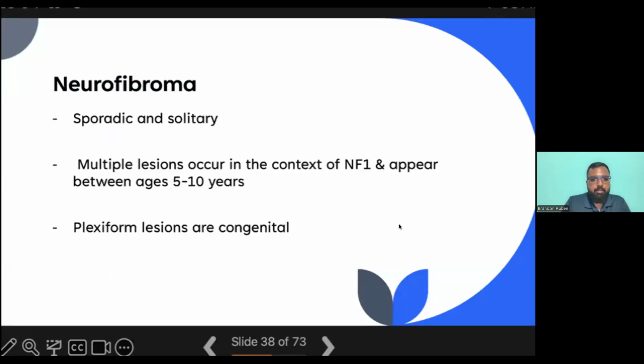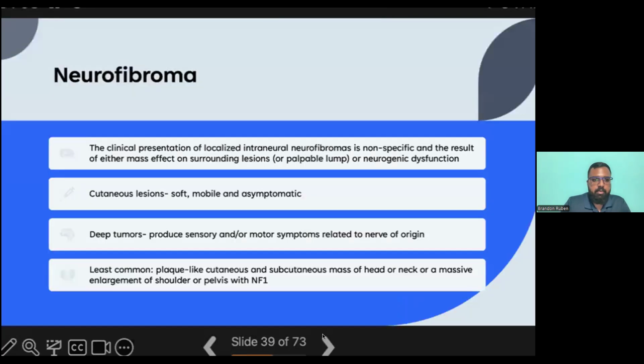Neurofibromas are sporadic and solitary. Multiple lesions can occur in the context of NF1 and may appear between ages of 5 to 10 years. Plexiform lesions are usually congenital. The clinical presentation of these localized intraneural neurofibromas is nonspecific and the result of either mass effect on surrounding structures, a palpable lump, or neurogenic dysfunction.